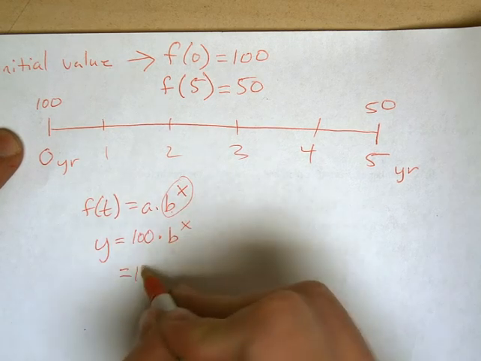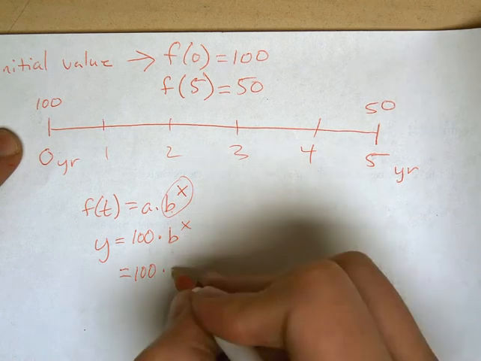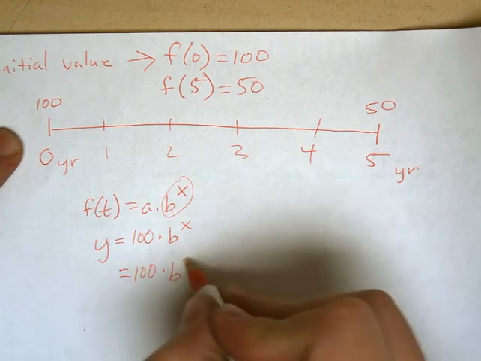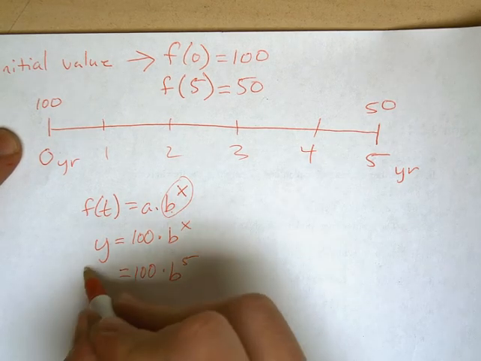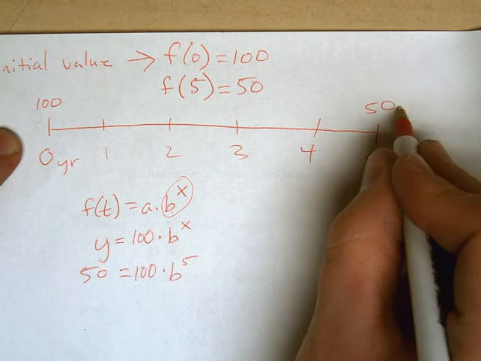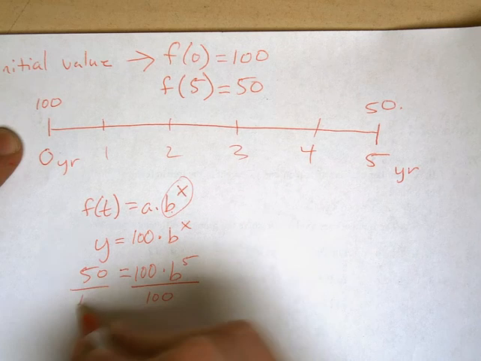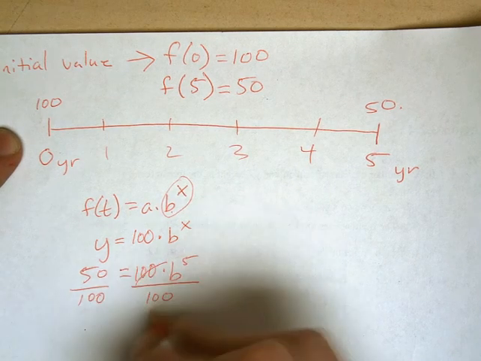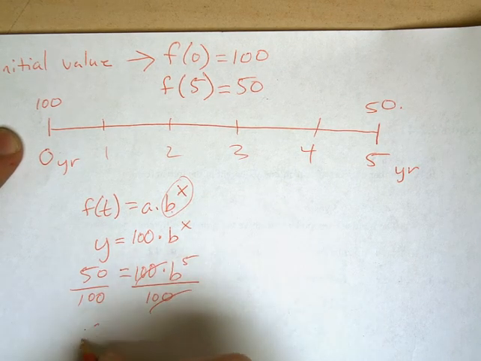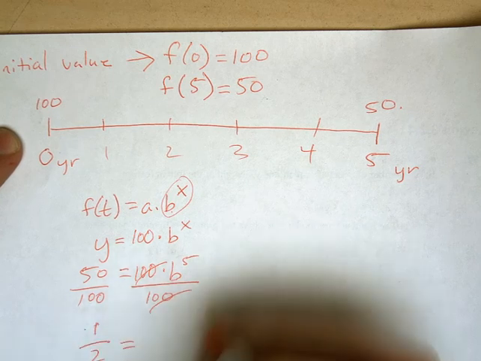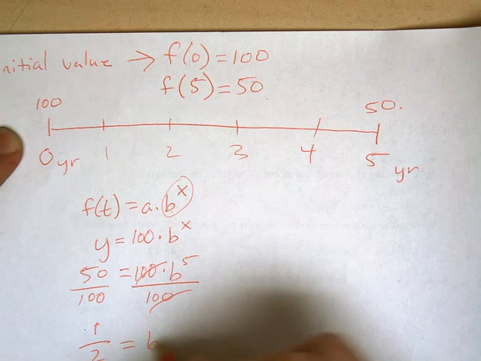Now let's plug in the one point we know, which is, we know that in the 5th year this thing equals 50. Divide both sides by 100. We get 1/2. So 1 over 2 equals b to the 5th.